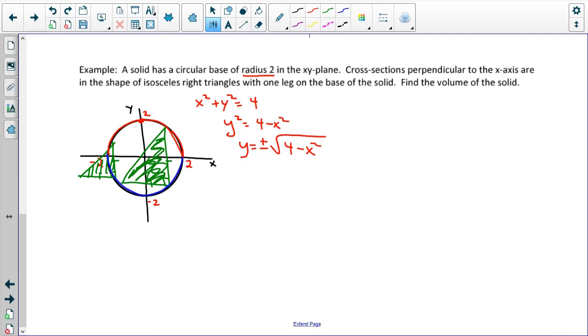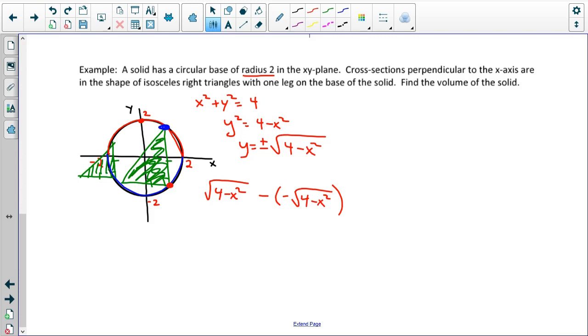And so what's happening is if I'm going from the top all the way to the bottom, I'm actually going from the positive case, root 4 minus x squared, down to the bottom, the negative case, negative root 4 minus x squared.